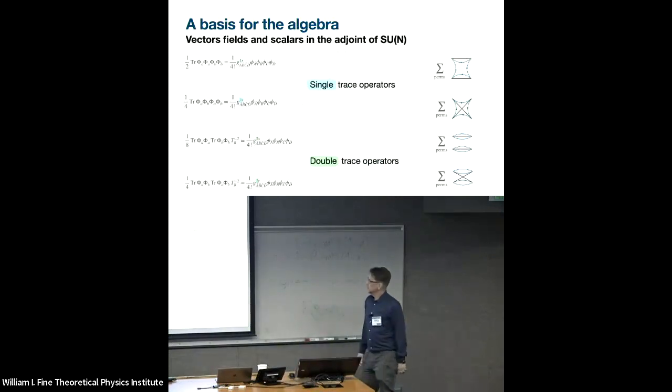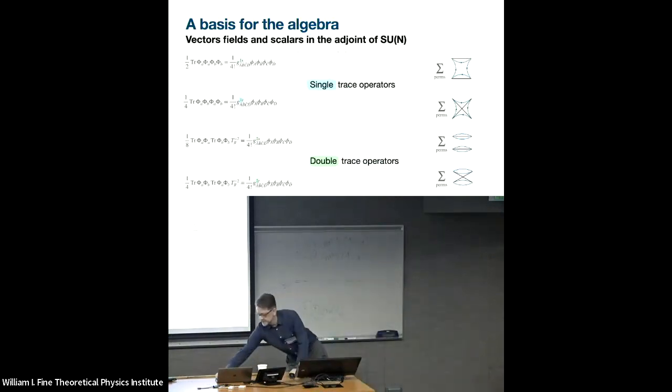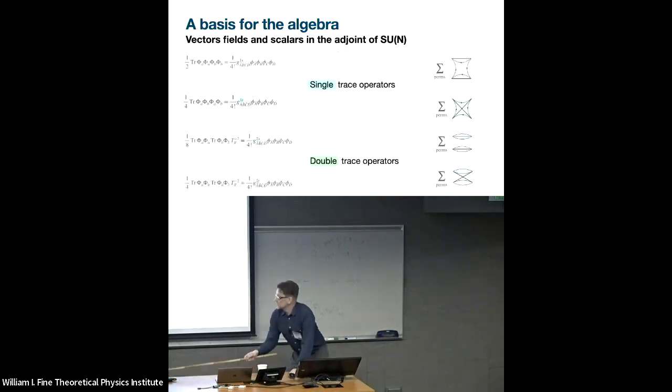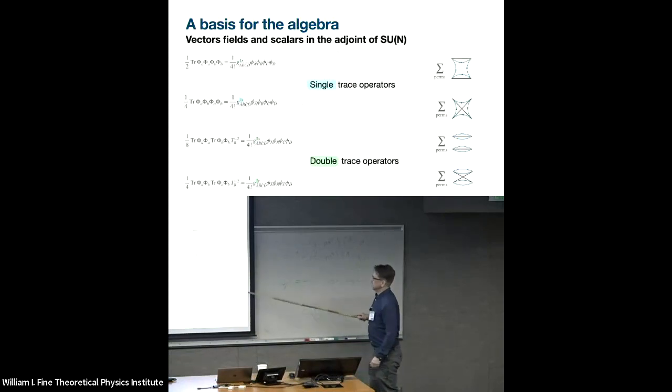You can write all of the invariants in terms of different topologies of these diagrams. You see clearly the double trace nature of the last two by their disjoint parts in the gauge structure.